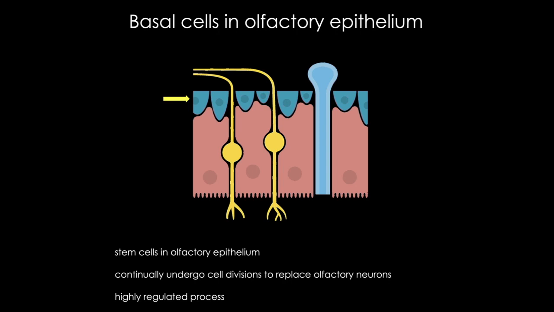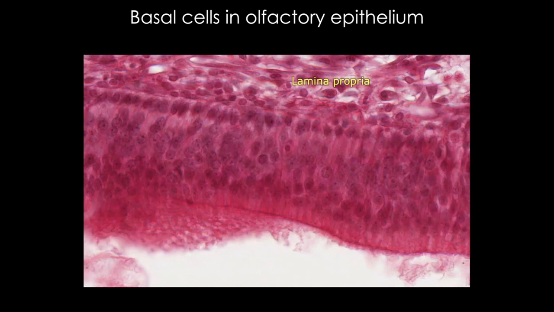This process is highly regulated and occurs even in adults, which makes olfactory neurons one of the only populations of neurons that can be replaced in adult brain tissue. Now, this H&E section shows the basal cells with their nuclei more or less in a row right over the lamina propria, seen here at the top of the image.